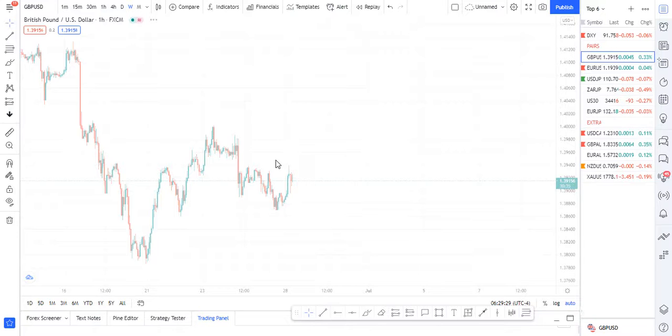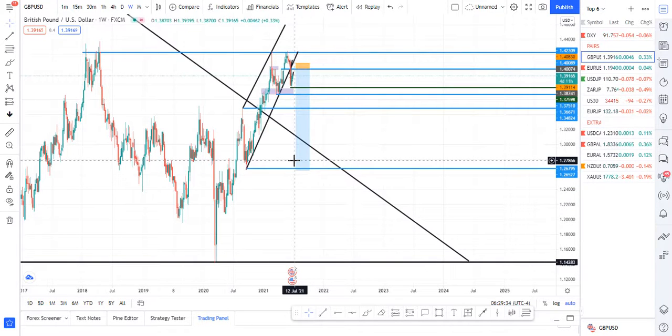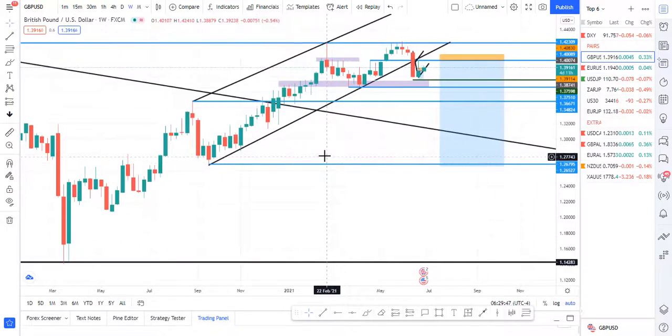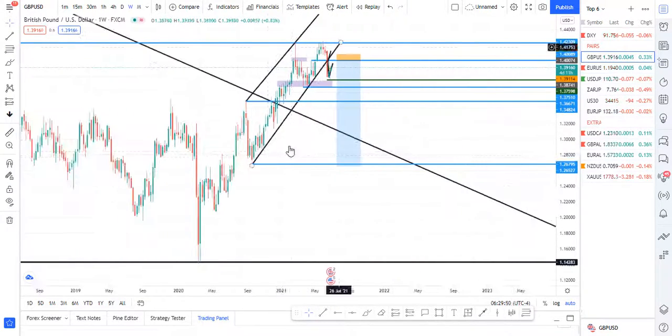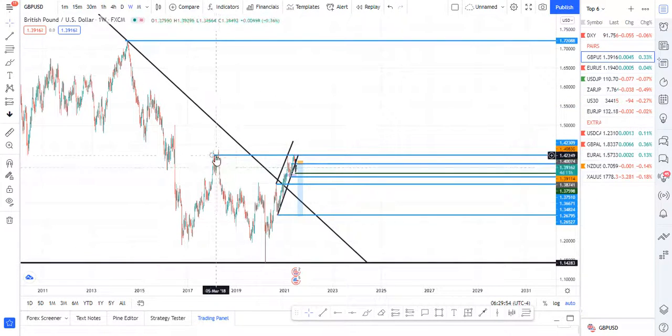As we come to GBPUSD, guys, you're going to realize that my perspective of the market can change, and I might have a bias. I might have a strong conviction of it going a certain direction based upon what the market is telling me. So now that we get here, you can see that we're in a channel, and in the long run, we were able to come back to this structure of resistance, which is the strongest one based on past price action and how it reacted on it.